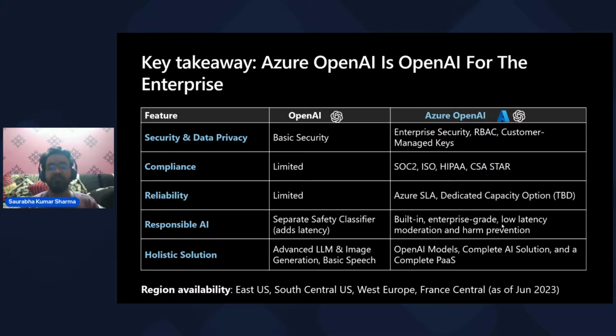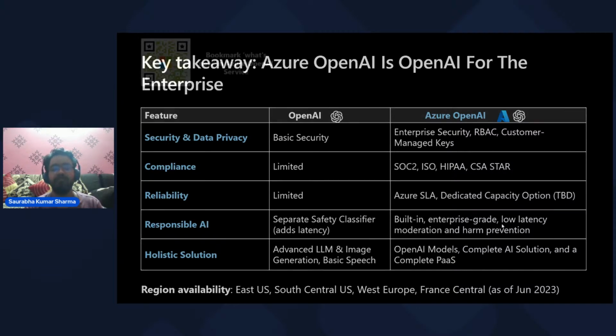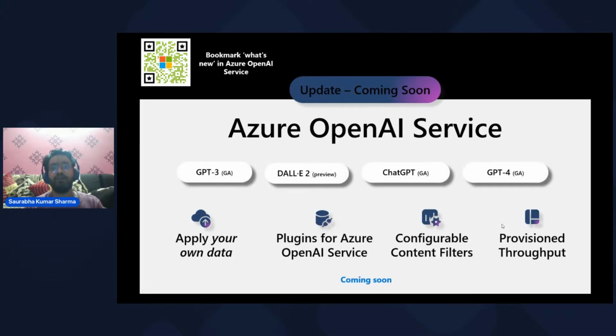On the region side, there was an issue that until June 2023 there were only some regions, like East US, South Central, West Europe, and France Central. Now in 2024 there are lots of regions for Azure OpenAI and Studio, so you can use it directly. Next are the updates coming soon, for applying your own data, and plugins with Azure OpenAI GPT, ChatGPT, and GPT-4.